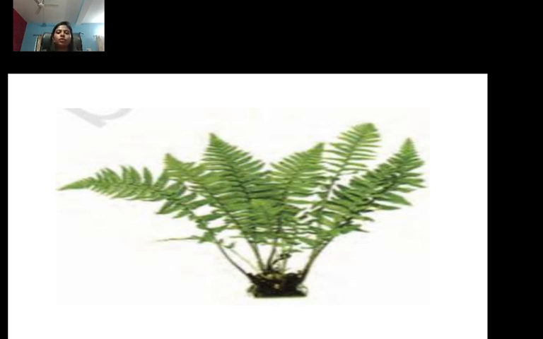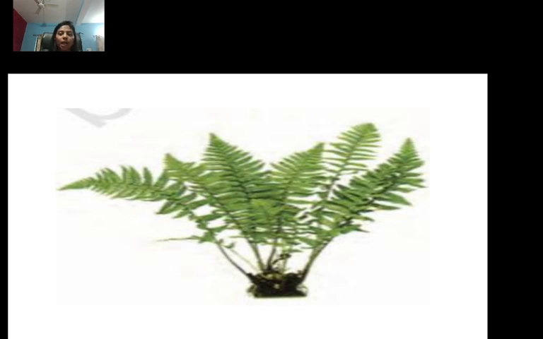So students, animals are comfortable and happy in their own habitat. Like we are happy in our house, the same way animals are also happy and comfortable. Plants are also comfortable in their own home. We should not disturb them, right? Some animals and plants typically belong to a particular area.